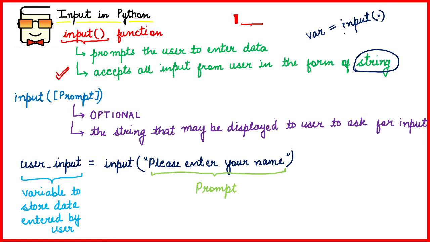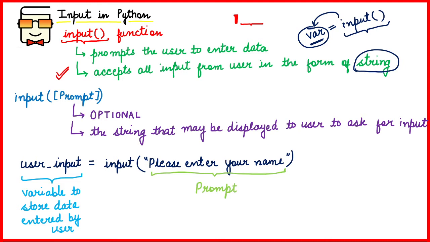Whenever the input function takes the user input, it will store the user input in the form of a string. That means the data type of the input will be string, and it will be stored in this variable. Okay, now you can use this variable in the rest of your program, or display it to the user again, or manipulate it in any way that you want.